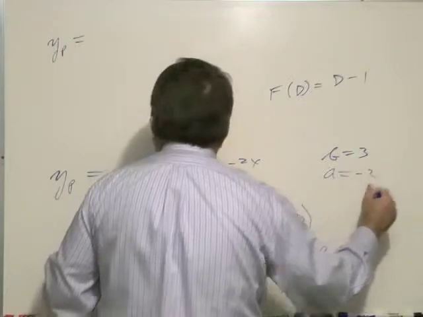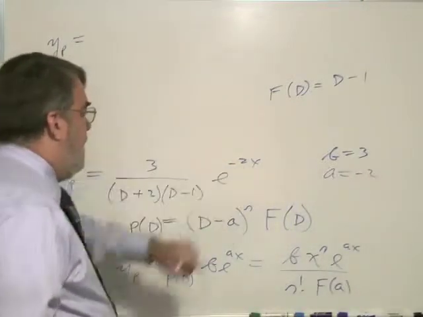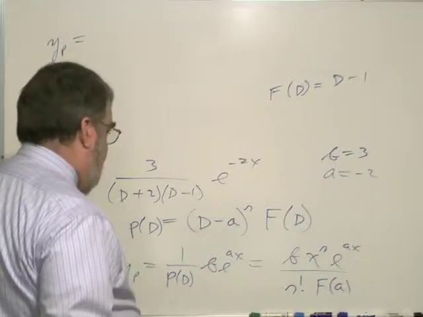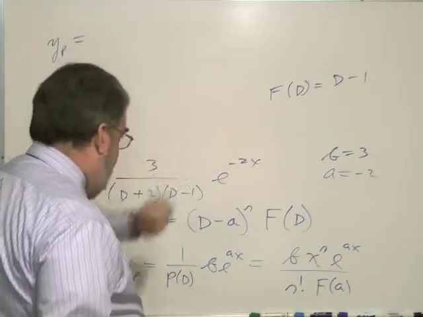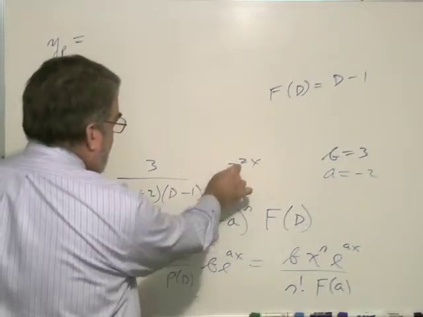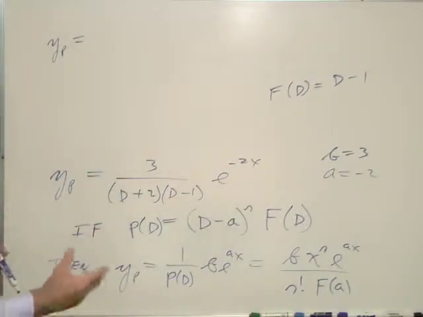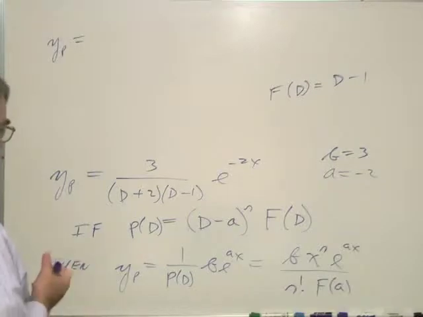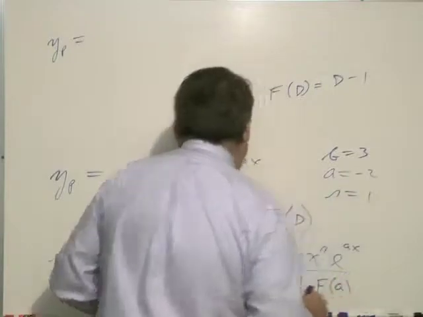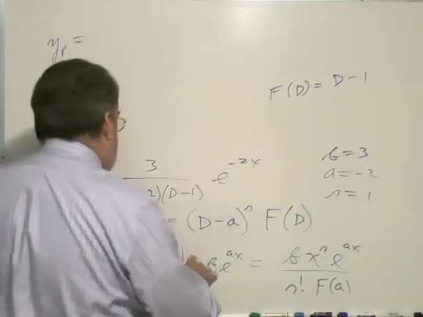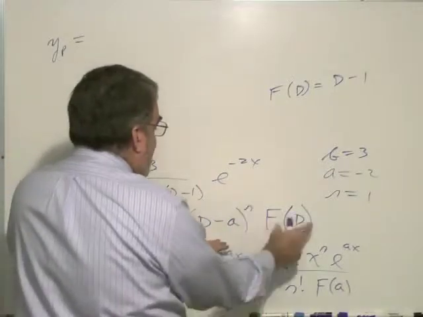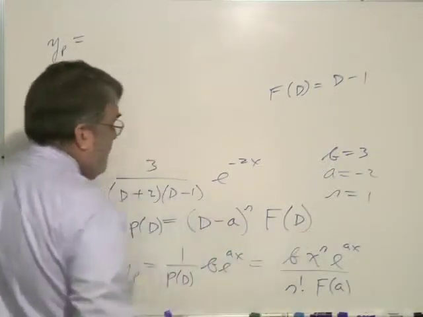A is negative 2, and we know that from here. Here's e to the ax, and so we know what f of d is. It's this factor, which does not disappear when you plug in negative 2, when you plug in a. And then r, what in the world is r? R is going to be 1 in this problem, because p of d is equal to d plus 2 to the first power times d minus 1.